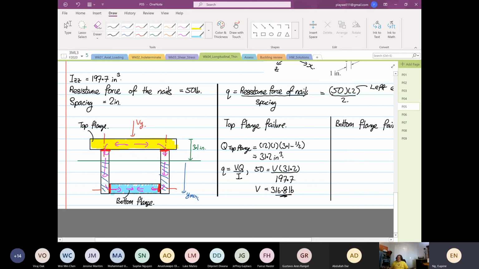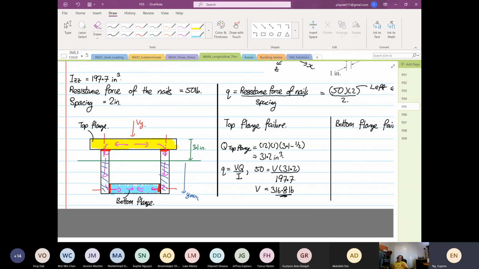Not the web. I understand that the web will still transmit the load. To find the shear flow of the structure at the bottom, you just need to consider the bottom flange. Because where it's going to fail is the load that's transmitting into the bottom flange. So remember, the analysis starts from outside, from Y max, going into the centroid.